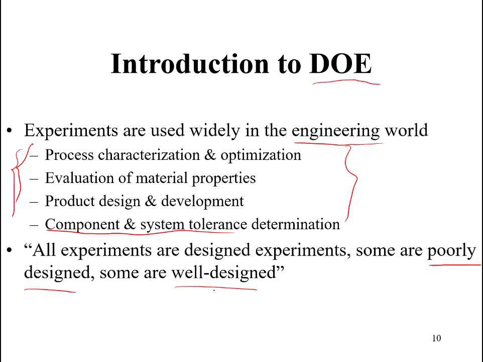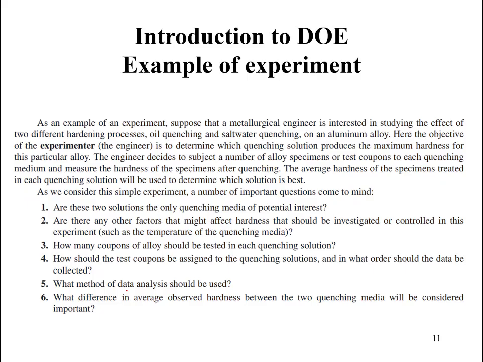But if you do not have a well-designed experiment, or well DOE, then your results will not be satisfactory. So we always have design of experiments. Sometimes it is well designed, sometimes it is poorly designed.